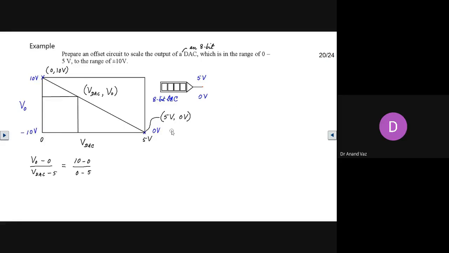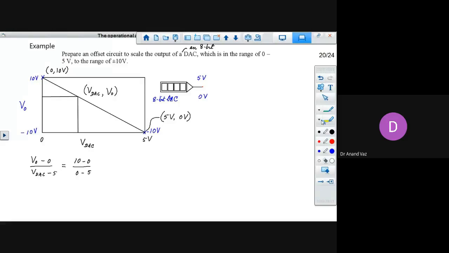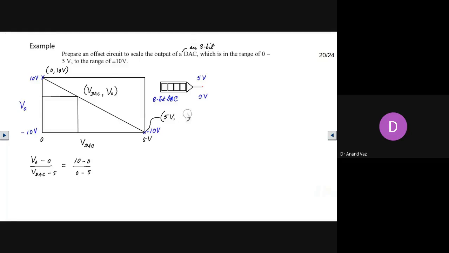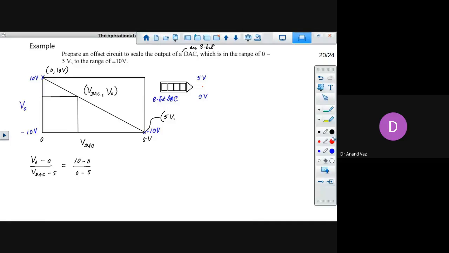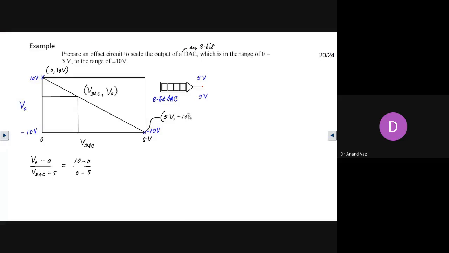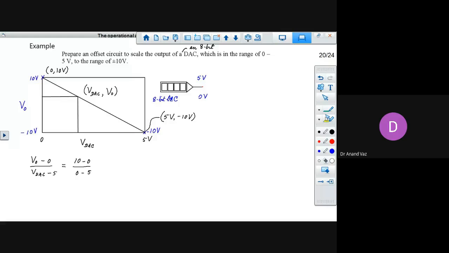And here we will have minus 10 volts. So this unit is also going to change. So it's going to be 5 volt and minus 10 volts. And this is okay. So now it's okay.